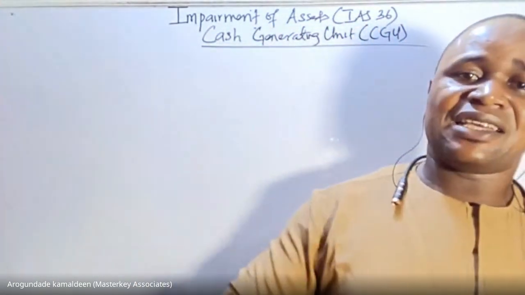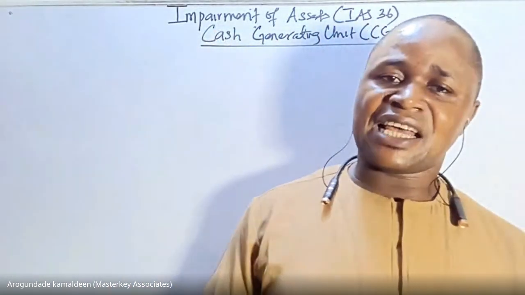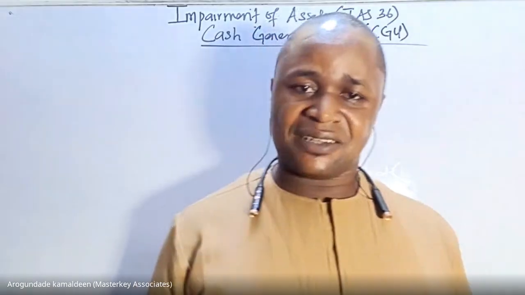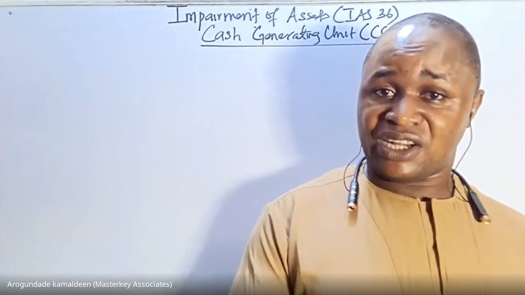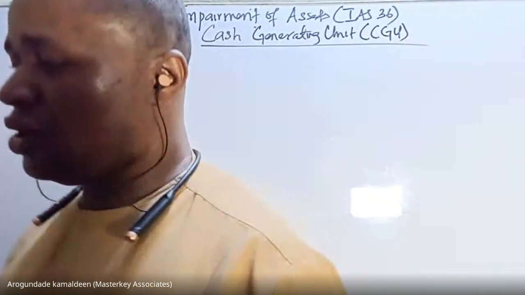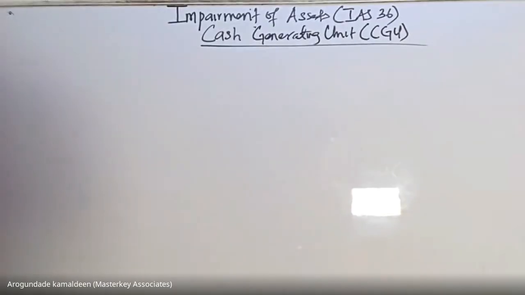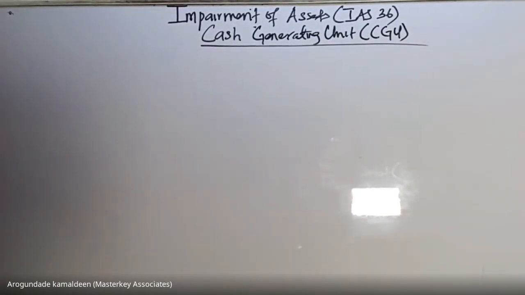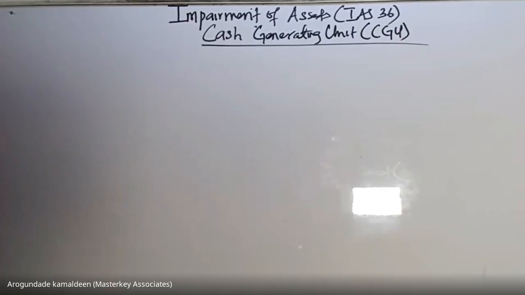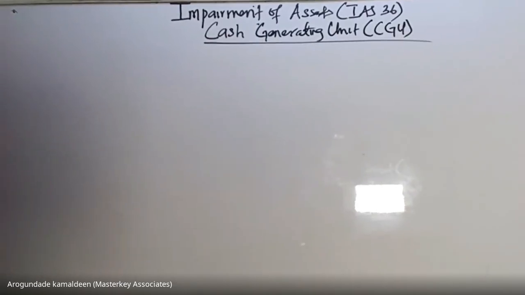Remember, according to IAS, an item of property, plant, and equipment can be carried either at cost model or revaluation model. So the method used to recognize the asset would determine the treatment of impairment. We discussed all that.